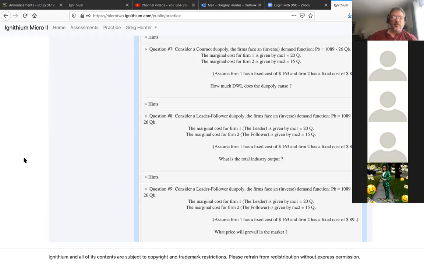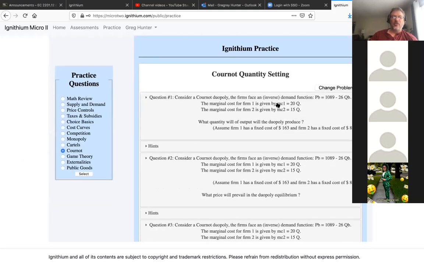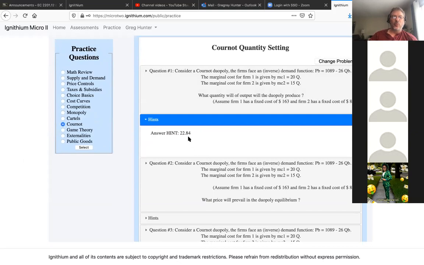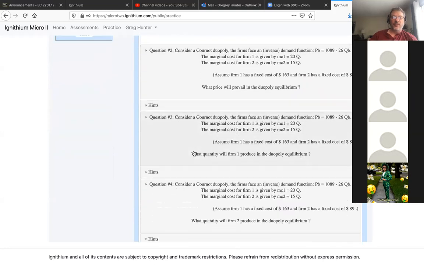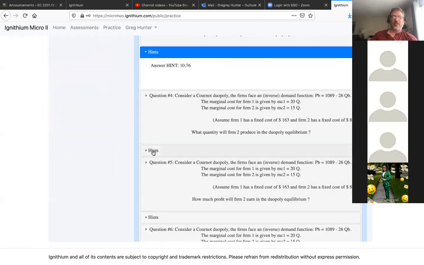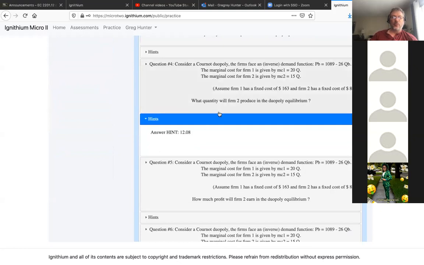Does anybody disagree with those two reaction functions? No. Okay. So let's look. 22.84 for the total for the duopoly, which means that firm 1 produces 10.76 and firm 2 produces 12.08.